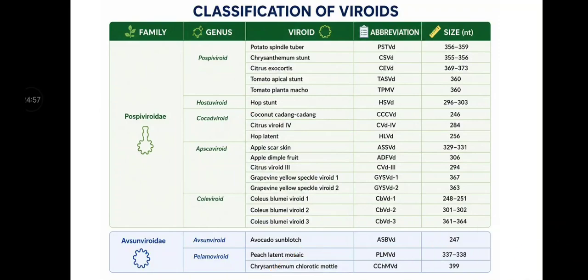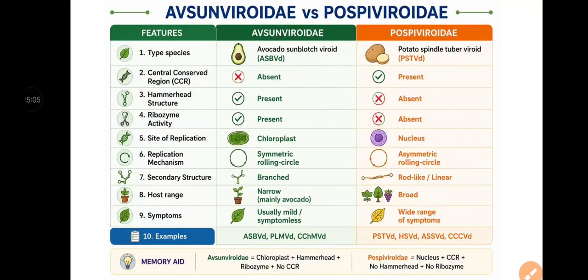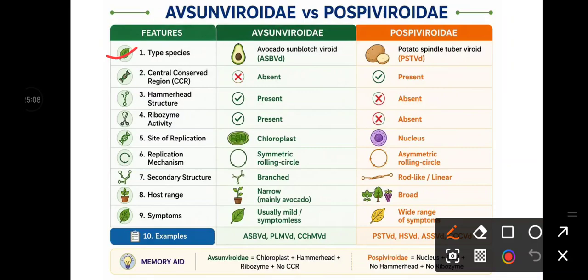Okay. Next, how these families are formed. So major differences are there. We'll discuss that. First, the type species. For Avsunviroidae, the type species is avocado sunblotch viroid, and for Pospiviroidae it is potato spindle tuber viroid.